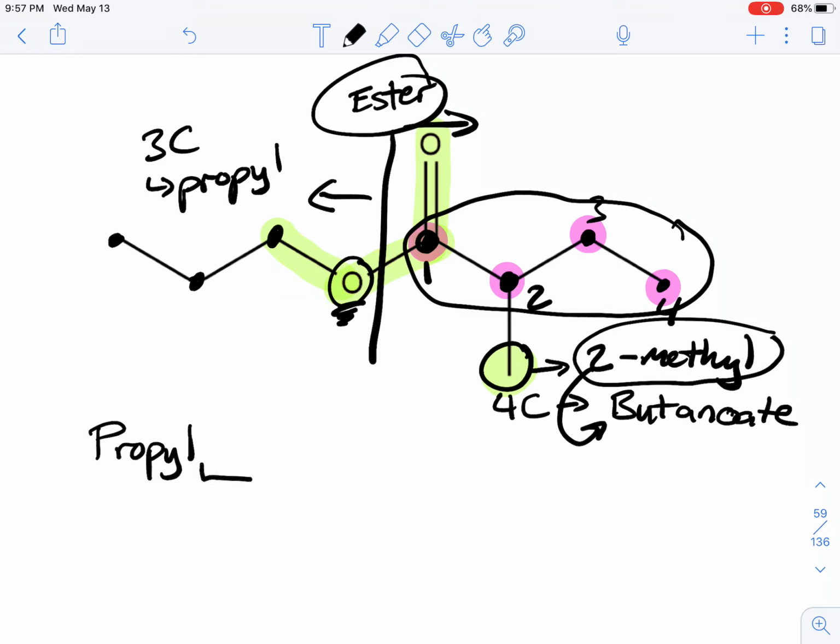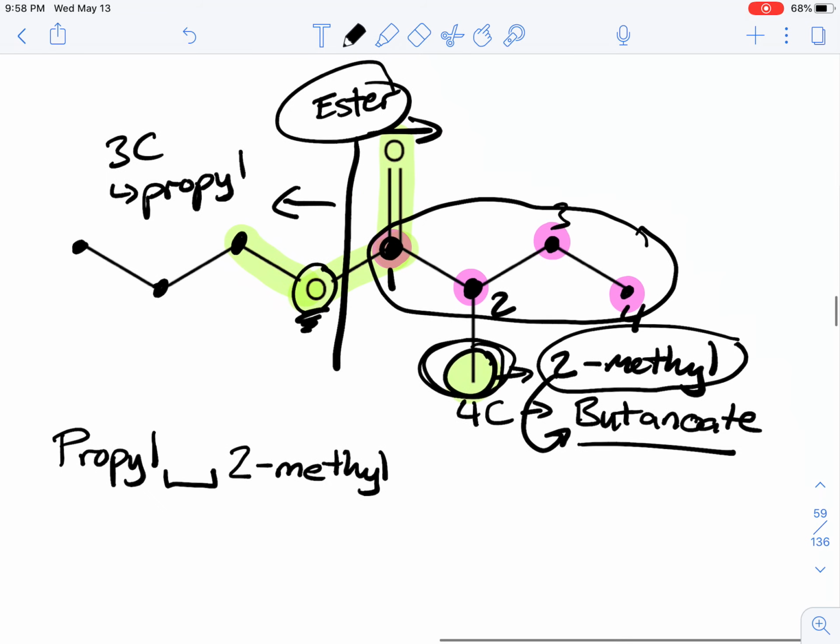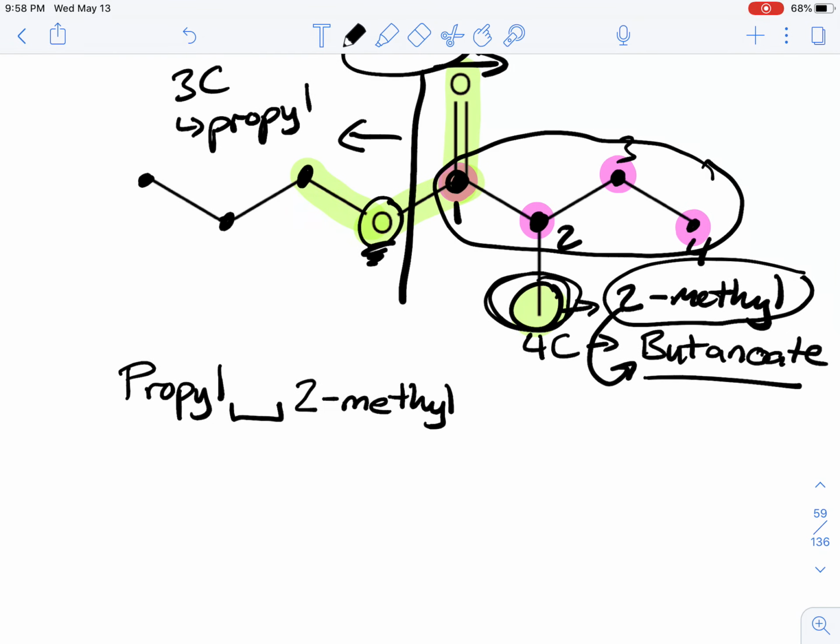Now, I need to put a space to segregate my propyl group that came from the alcohol from the parent chain that came from the carboxylic acid. And so the first thing that I'm going to write is the substituent on the parent chain. So this is 2-methyl. And then now that I've described the substituent on this parent chain, I'm going to add the parent right after the 2-methyl.